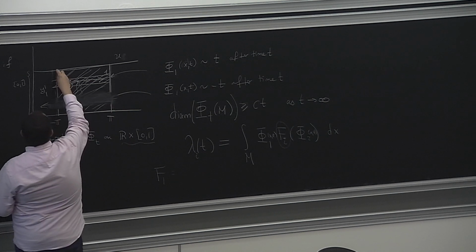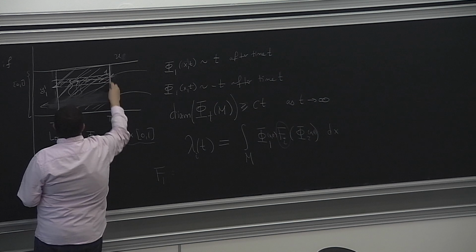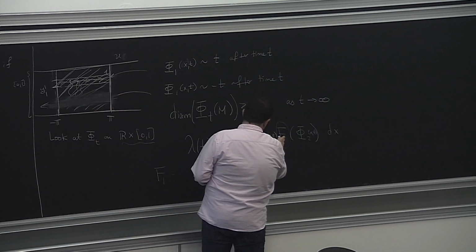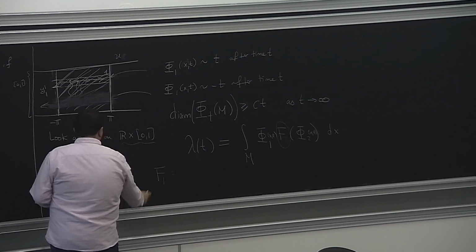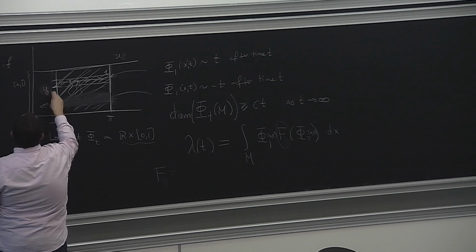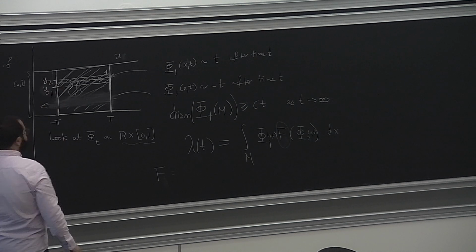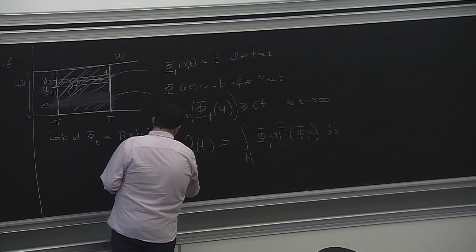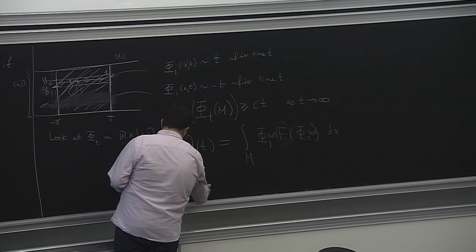So we'll only look at one quantity, and you'll see how to do it. Okay, so this is y1, y2. So f we take to be some cutoff to y1, y2.